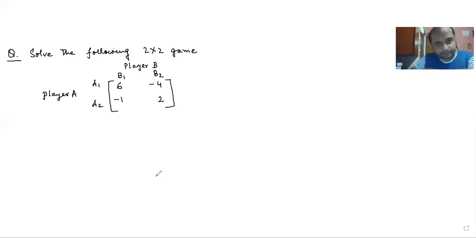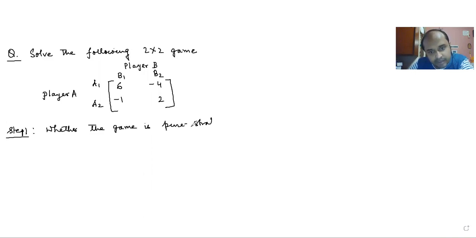And first of all, if such a matrix is given to you, your first job is to check. Step number 1 is to check whether the game is pure strategic or not.